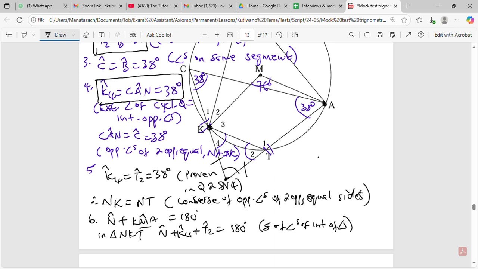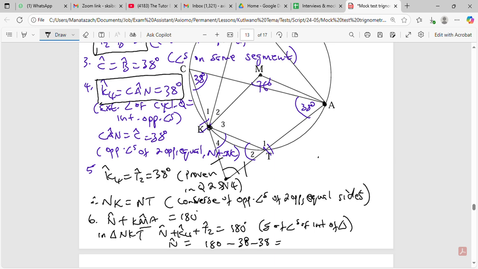So that means angle N is equal to 180 minus angle K4, which is 38, minus 38. What would this give us? So now we're remaining with 180 minus 38. We have to use a calculator just to be sure.